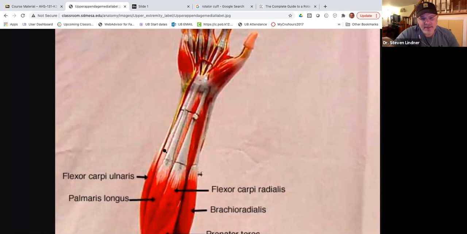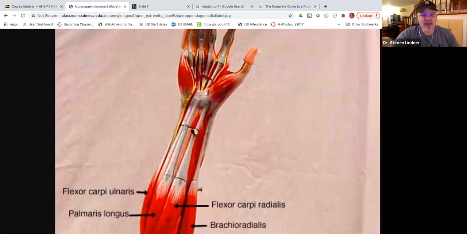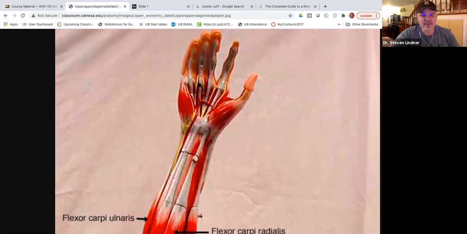And then here's a belly of the muscle. What's deep is the flexor digitorum superficialis, right? There's the word superficial. Flexor digitorum superficialis. That's where these tendons come from. They come from the belly of the flexor digitorum superficialis.